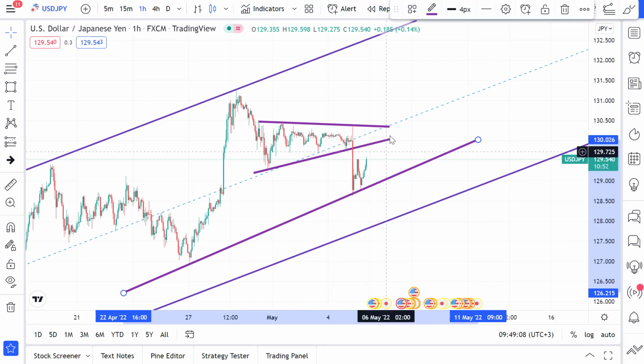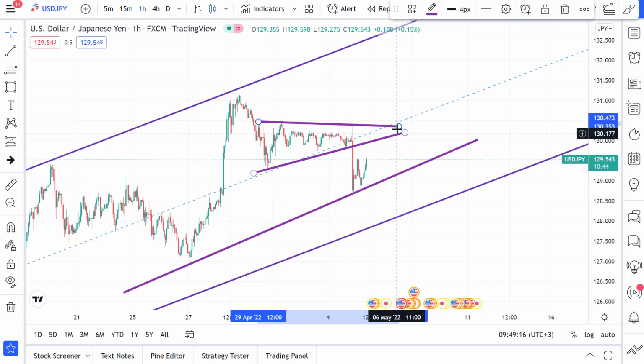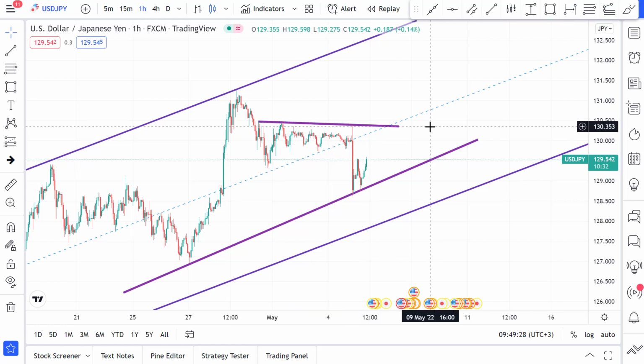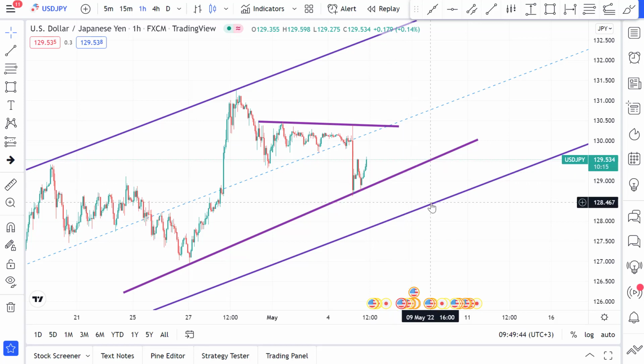You can draw these lines, and you can see that the midline of the channel is strong resistance now. You should update and make your chart clean like this. I guess this line can act as resistance and this line can act as support at the moment. But if we have a breakout of this zone and this trend line, we might see the down line of the channel.